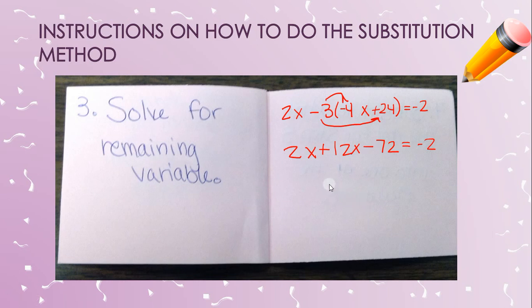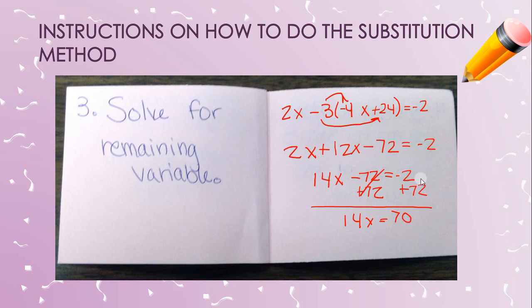Now we can combine some like terms. I have 2x and I have 12x, so 2x plus 12x is 14x. Still getting x alone, so let's add 72. Remember, when solving equations, you're always going to add or subtract before you multiply and divide.